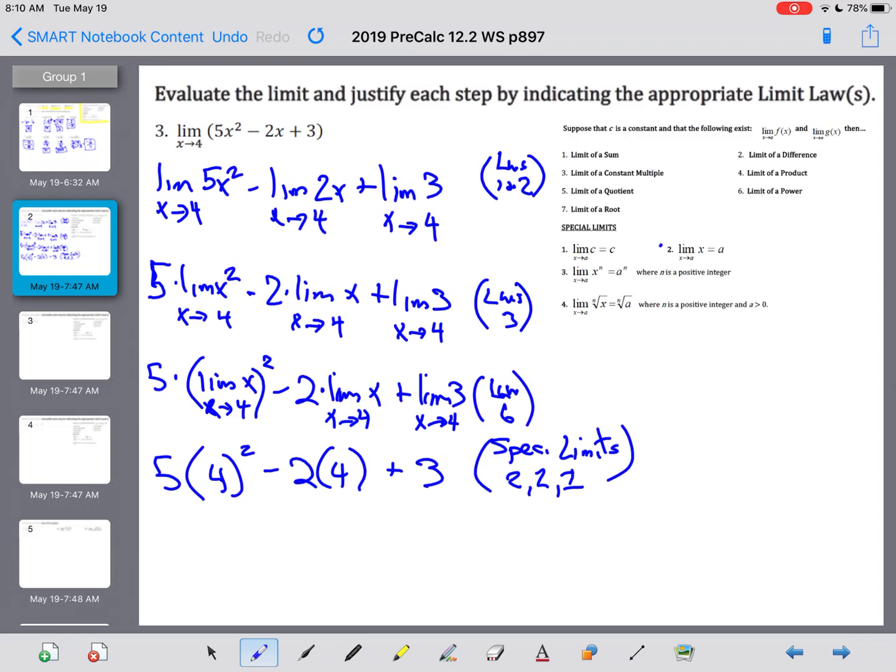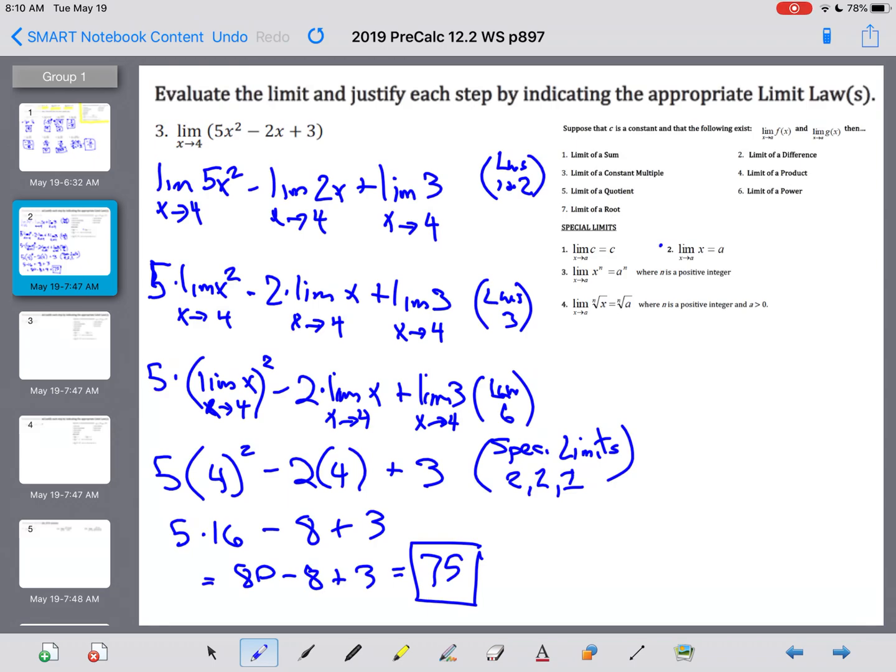And now I simplify here. So I get 5 times 16 minus 8 plus 3 equals 80 minus 8 plus 3 gives me 75. Okay, so you see how that kind of goes.